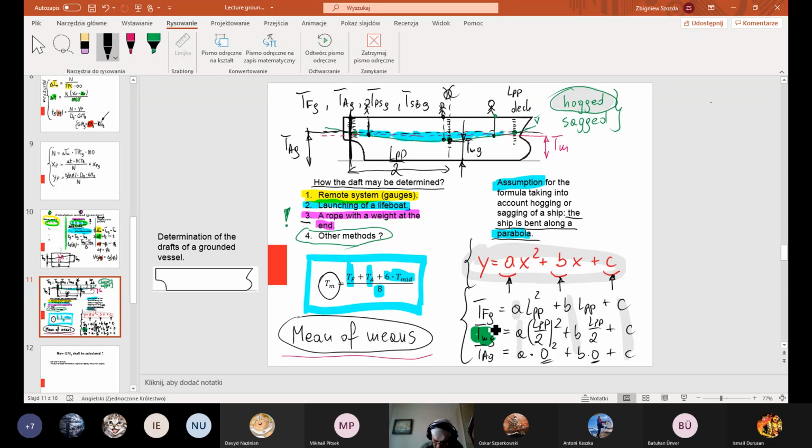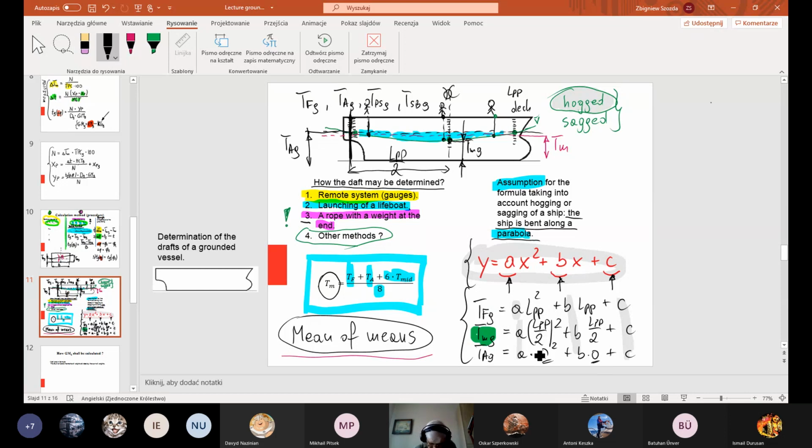So for the perpendicular, midship after grounding is half of the length of the ship, and aft draft after grounding is at the beginning of the reference system. This is the reason why I put here such numbers: LPP, LPP over 2 for midship, 0 for aft.